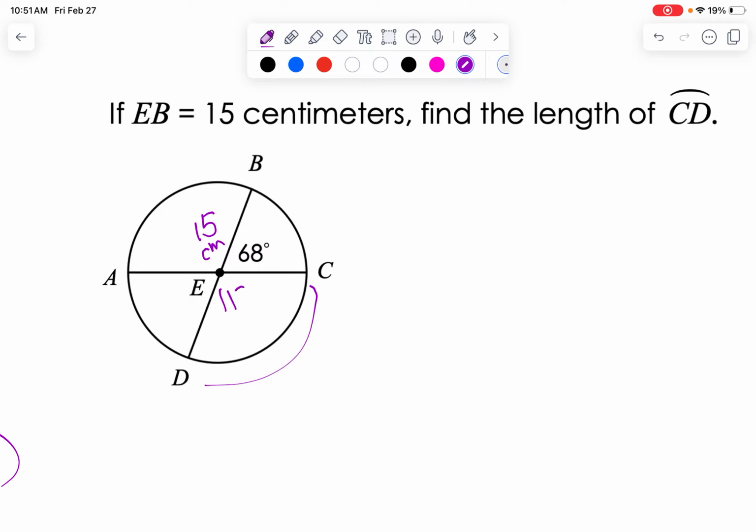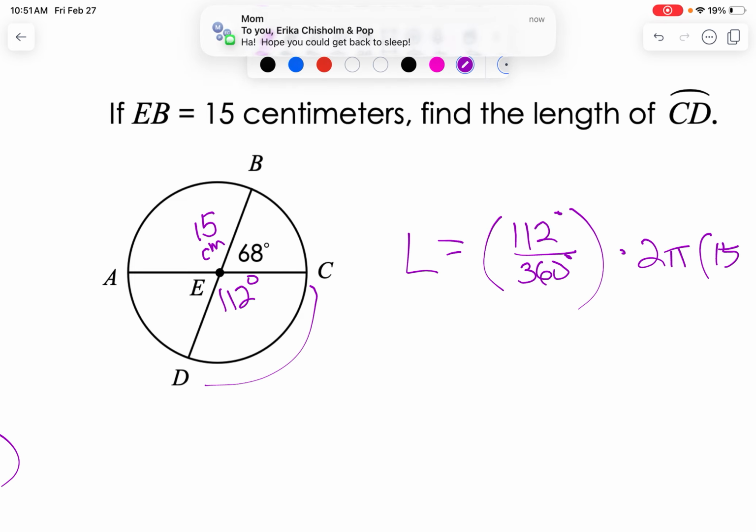Okay, so now I can find the length of that by saying the length of arc CD is going to be 112 degrees over 360 degrees, whatever that fraction is, times 2 pi times 15.